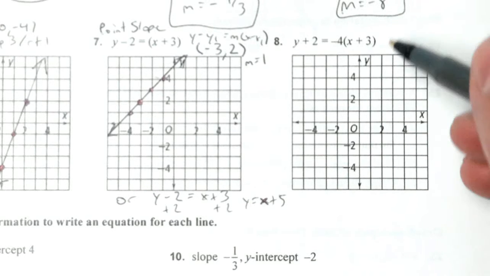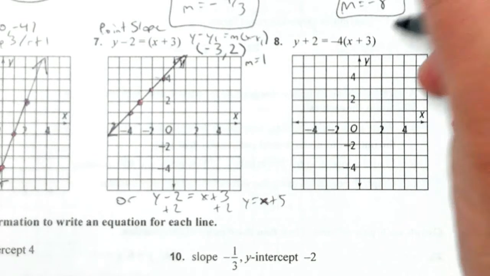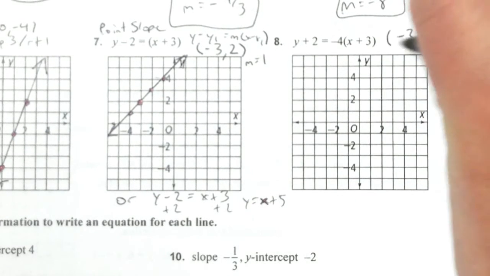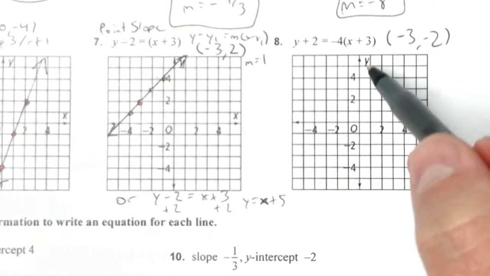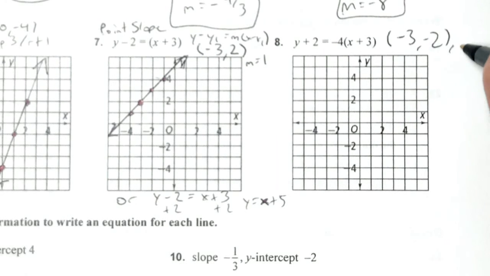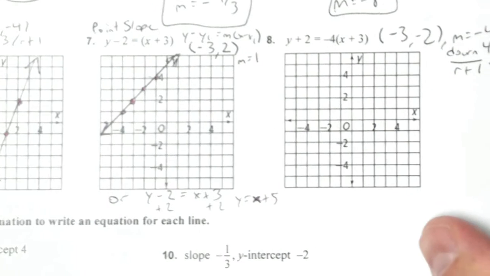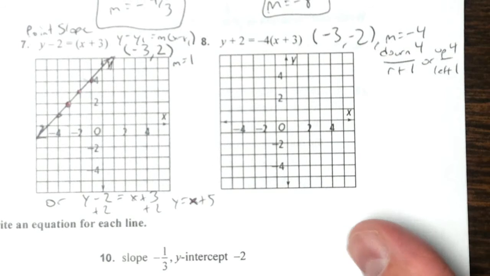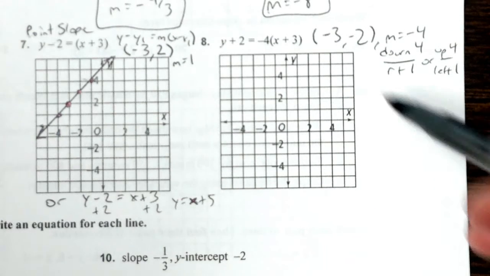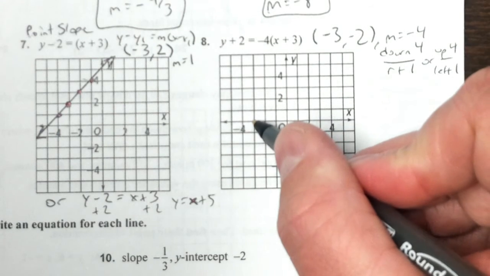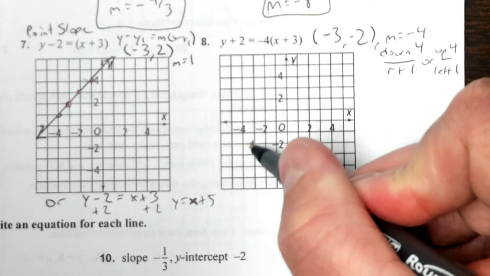Okay. So now this one, we've got the ordered pair has to be -3, -2, because it's just reversed. And your m equal -4, which means down 4, right 1, or up 4, left 1. So we go to where -3, -2 is, put a dot.